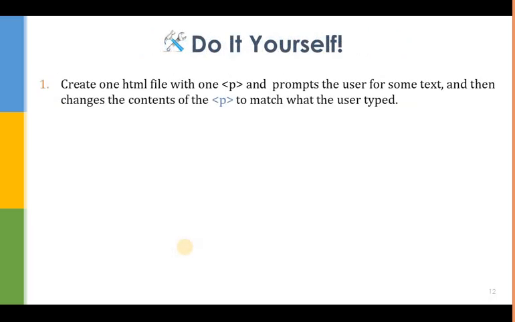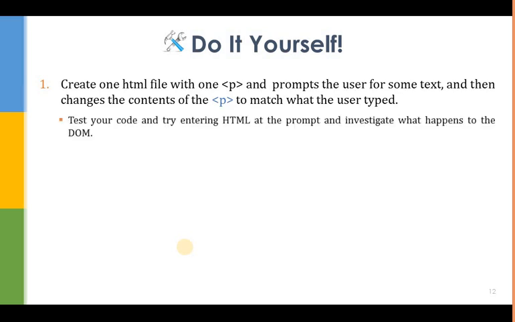Now there is one exercise for you. Create one HTML file with one paragraph and prompt the user for some text, and then change the content of the p tag, that is the paragraph, to match what the user typed. For example, if I type programming with Parul, then after entering OK, your content should be like this: welcome to programming with Parul.